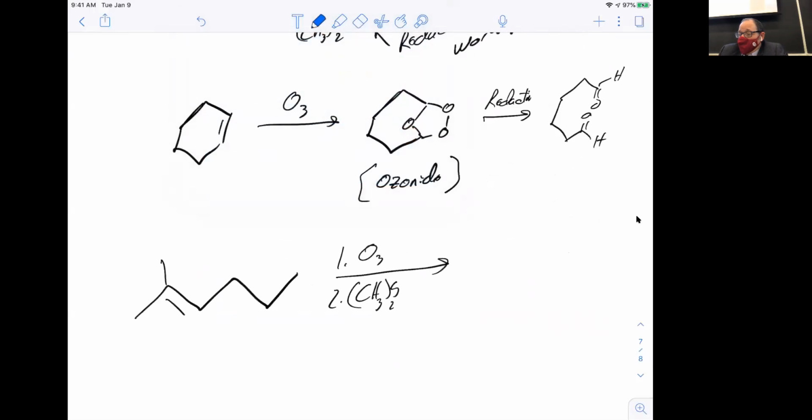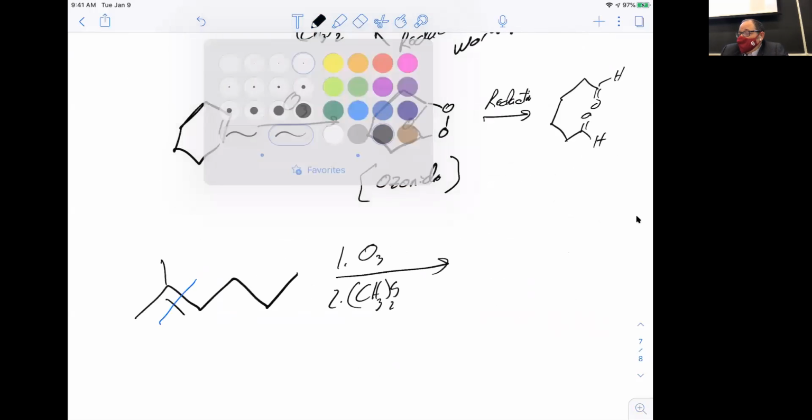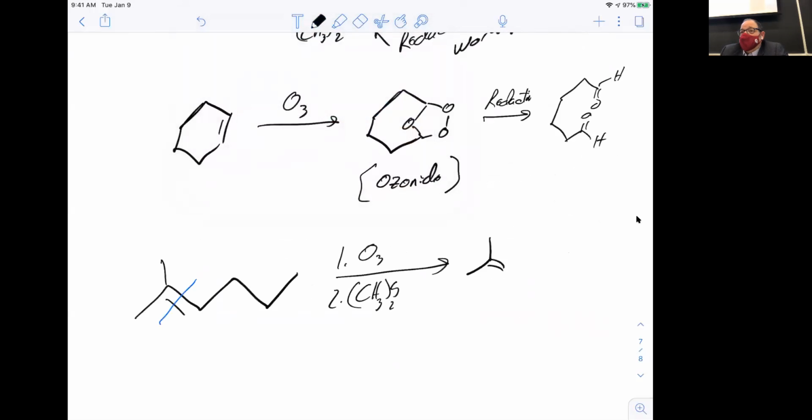When you see the ozone, realize you're going to be breaking that double bond. So you've got that side, add an oxygen, and you've got this side, add an oxygen, and that hydrogen was already there, I just didn't show it.